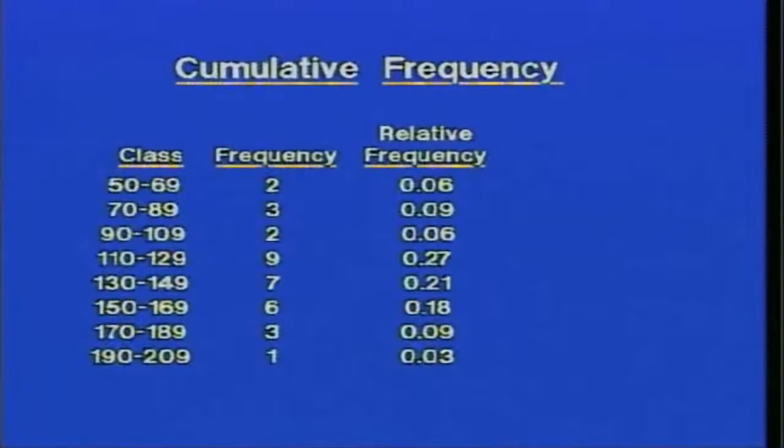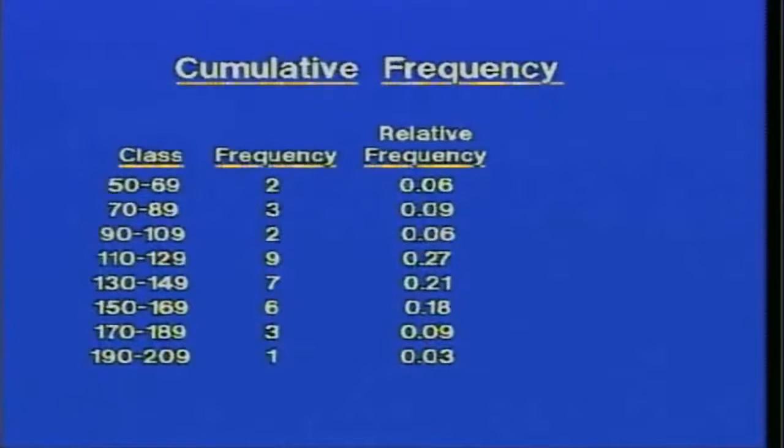Here is a chart. This is information that we had on the board earlier having to do with those 9th grade test scores. We identified classes or classifications for the test scores. We had frequencies associated with test scores that fell within particular classes. We identified relative frequencies.